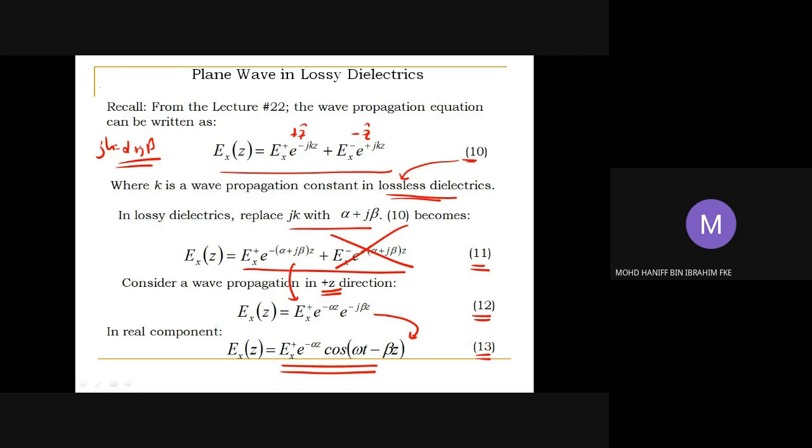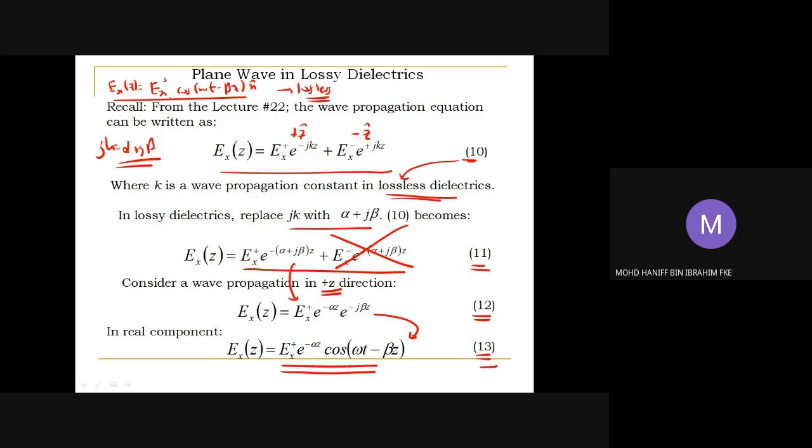We compare this with the equation of the electric field wave in a lossless dielectric. Remember, we have Ex(z), if we consider the same direction and polarization, which will be Ex positive cosine of omega t minus beta z in the x direction. So we compare these two equations, number 13 and this equation. This is for the case of lossless medium.